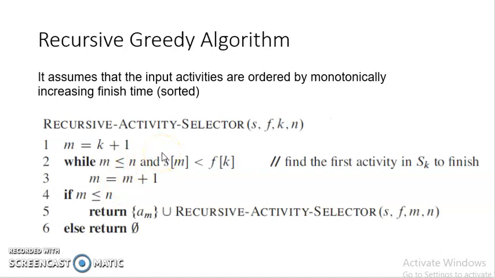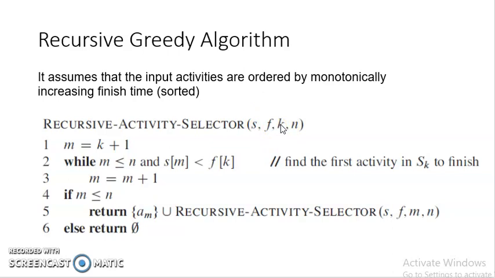Following is the recursive greedy algorithm of this problem. So you're assuming that you have already sorted the activities by finish time in increasing order. In this algorithm, S is the list of start times, F is the list of finishing times, k is the last activity that you have scheduled.